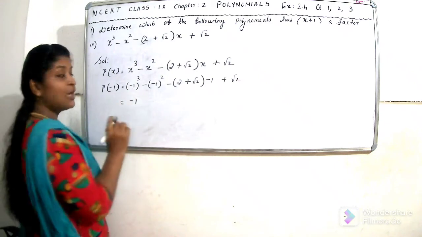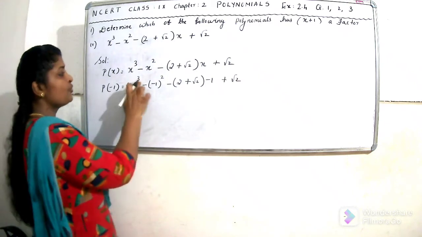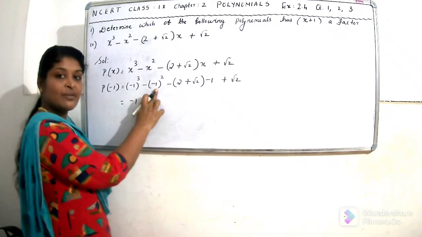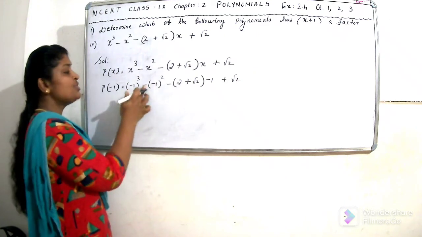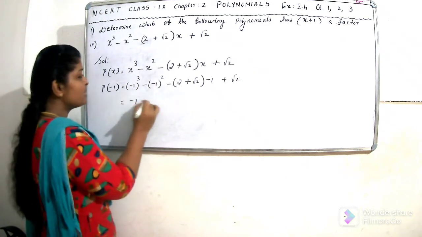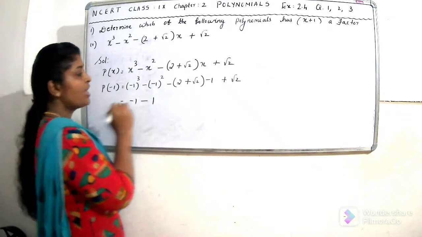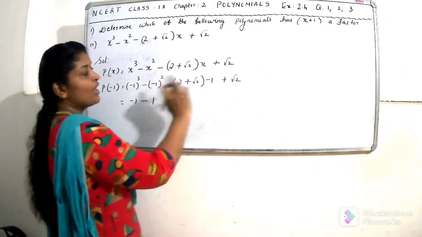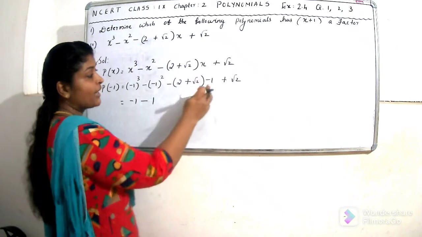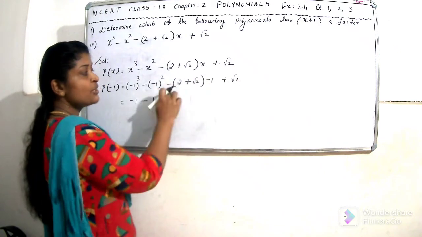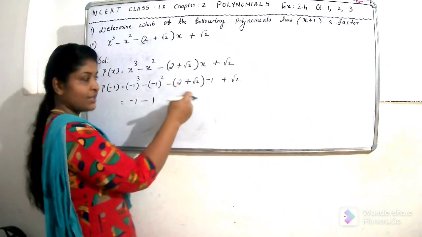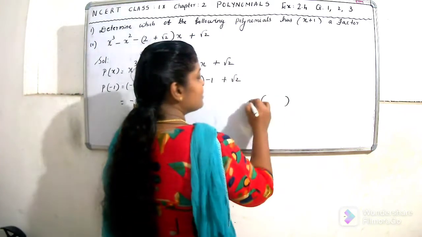Here negative 1 itself will come because of the cube, and here positive 1 will come inside the bracket. Positive 1 into negative, that is negative 1. Now here is negative and on the other side of the bracket again negative.